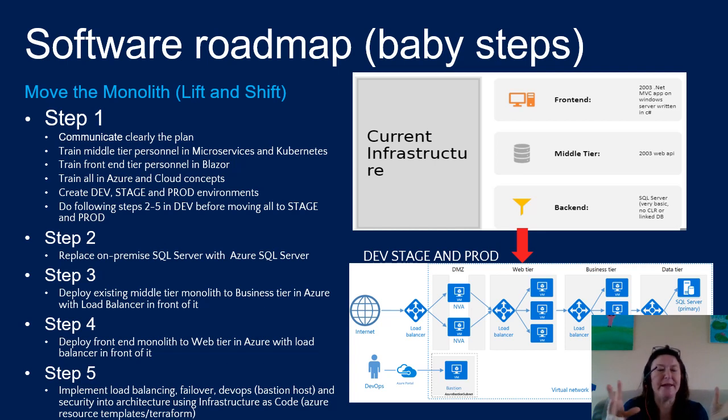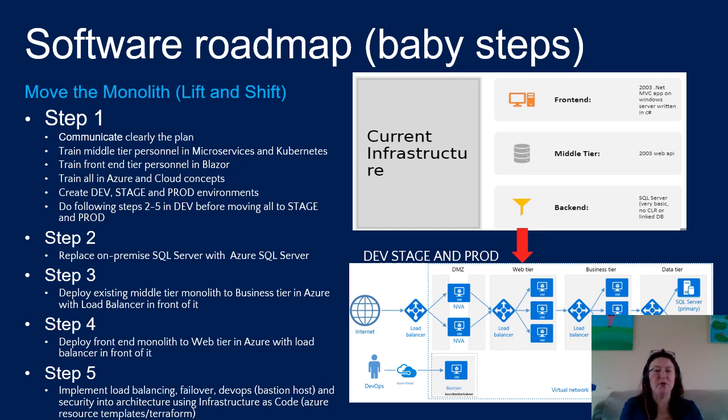Step five will be implementing load balancing, failover, some DevOps stuff, some security into the architecture, and then using some infrastructure as code to build the architecture. So to create the load balancers, to create the virtual machines, using infrastructure as code templates and making sure they're reusable and making sure they're DRY, don't repeat yourself, and so on.